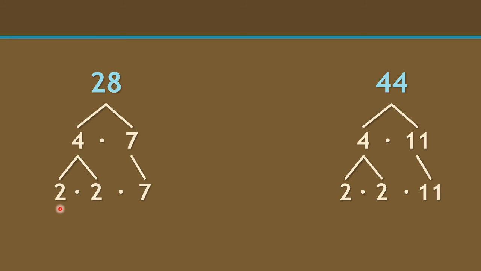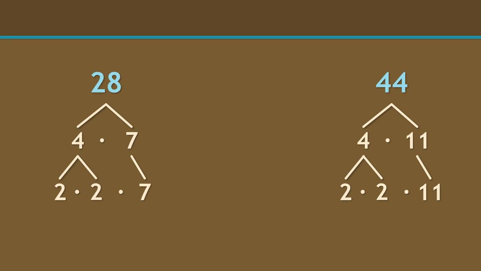And we already know from our previous problem that 2 is a prime number, so we are now complete on this side. Then we move up to 7. 7 is a prime number, so all we have to do is bring that down, and that completes this factor tree. 2 times 2 times 7 gives us a product of 28, and 2, 2, and 7 are all prime numbers.